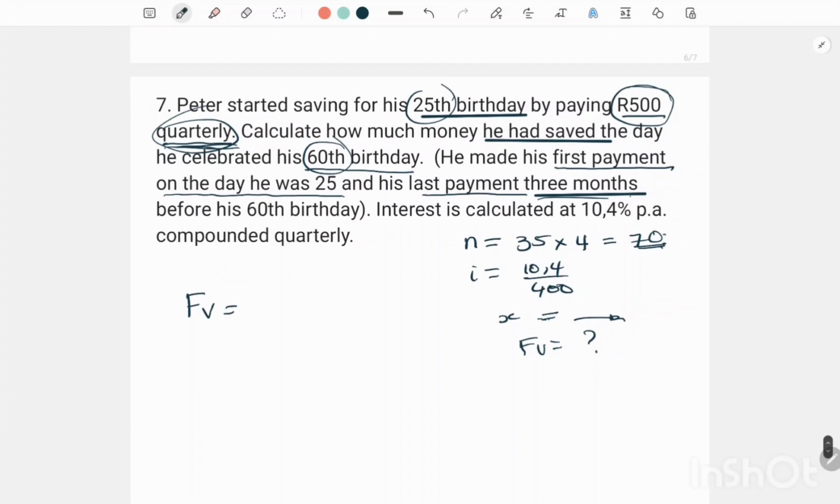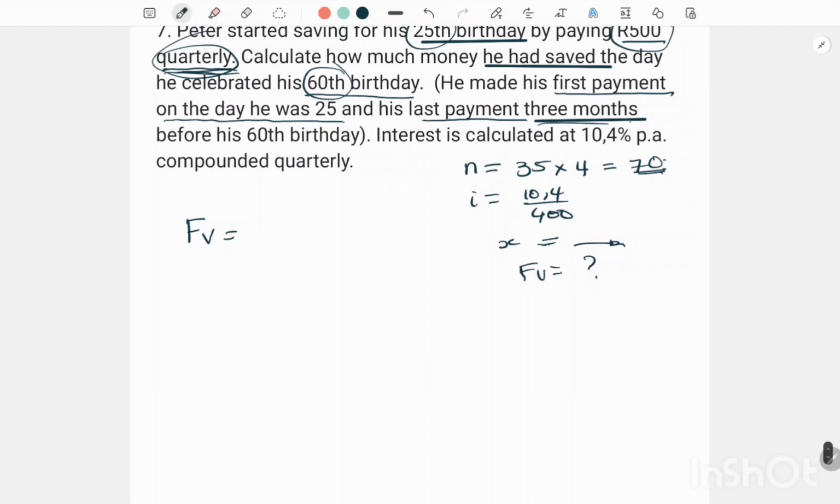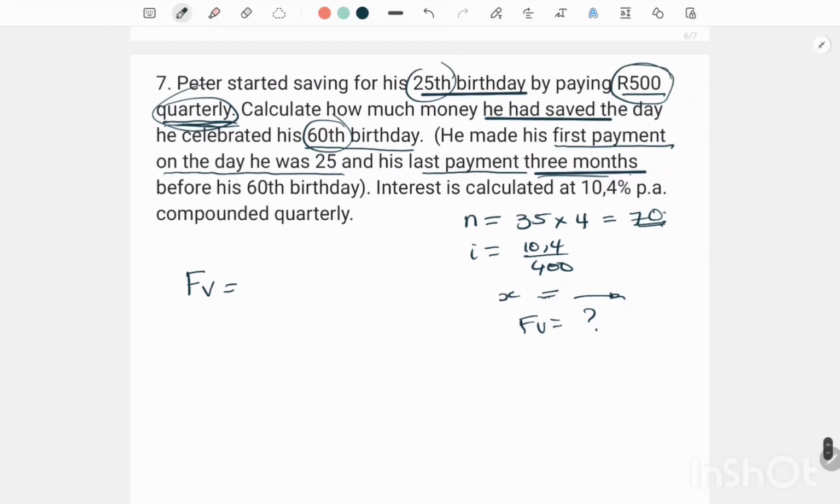Future value is equal to, in replacement of x, I'm going to compound it, because this person is saving, so there is a compounding effect on that 500. So it's going to be 500 times 1 plus 10.4 all over 400.